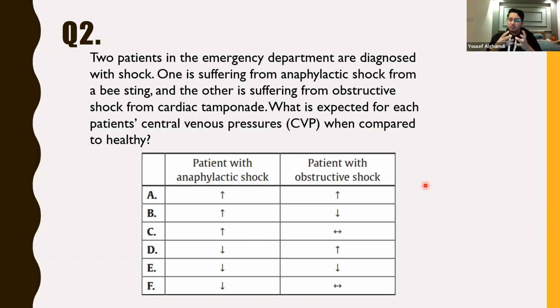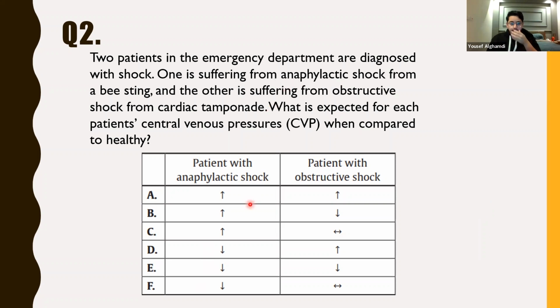And it's vasodilation because you release a lot of your histamines, your prostaglandins, your nitric oxide, which vasodilates your blood vessels, right? So the first one is anaphylactic, which causes vasodilation, right? If you have vasodilation, you will have a decrease in your central venous pressure, right? So total, you'll have a decrease in your pressure. So it's one of these, right?